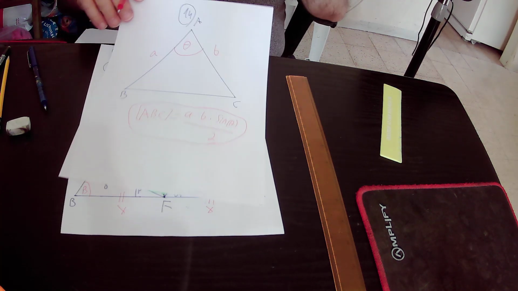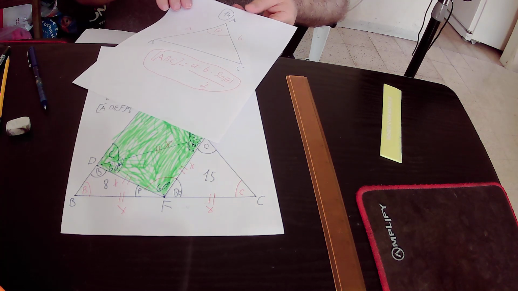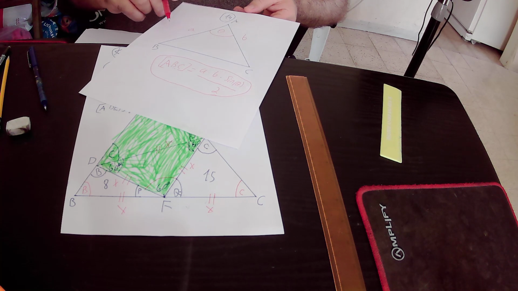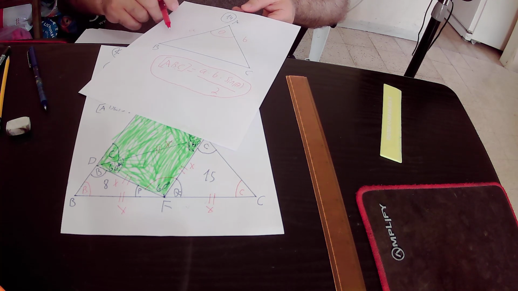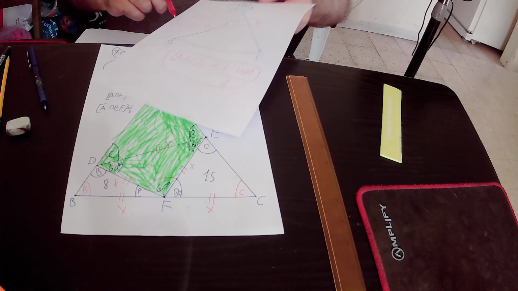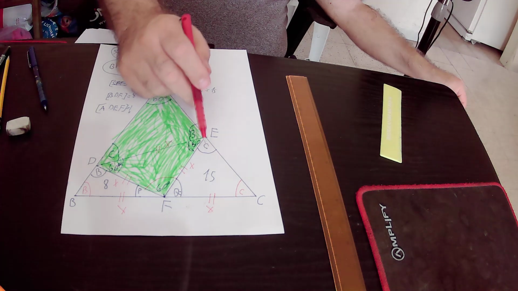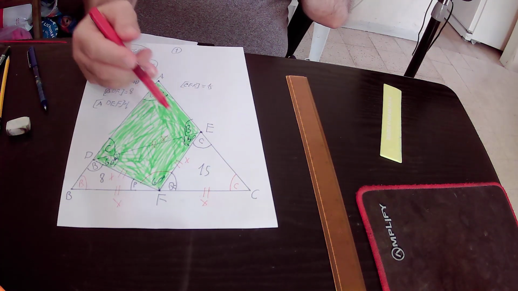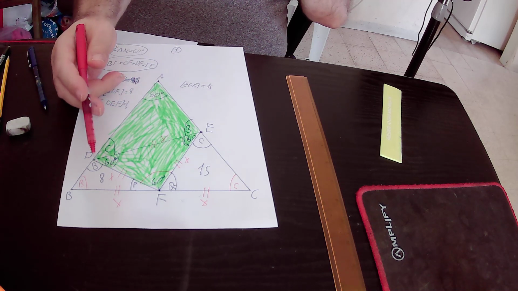Okay, so we will use this formula for the area of a triangle in order to find out the areas of triangle FEC and triangle DBF.